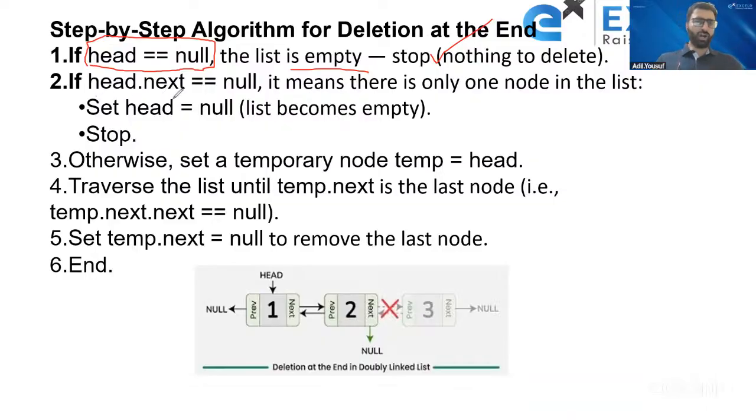Now, if head dot next is equal to null, what does this mean? Can anyone tell me? What does this mean if head dot next is equal to null? Yeah, tell me. Head dot next is equal to null.